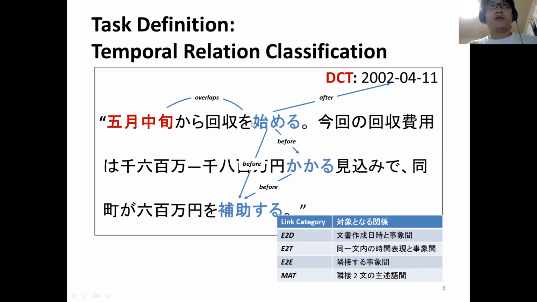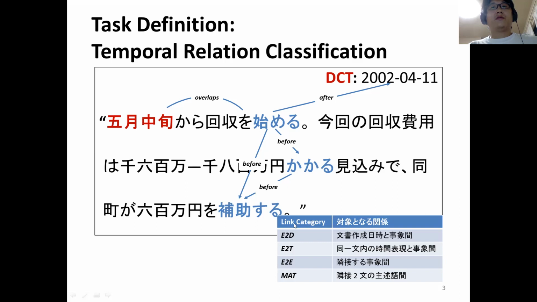We have three types of mentions: event and time expressions, and the document creation time of news articles. So temporal relation classification is a pairwise classification task which is identify the temporal relation between a mention to another mention.